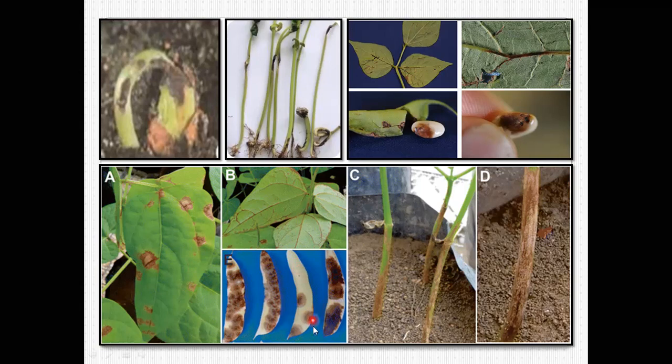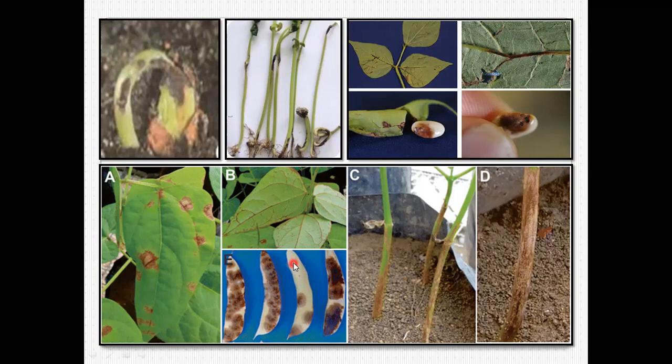In wet conditions, round to irregular brownish spots are seen on the surface of the pods. Under favorable conditions, these round brown lesions become black, sunken spots. Sunken blackish lesions are seen instead of brownish lesions.